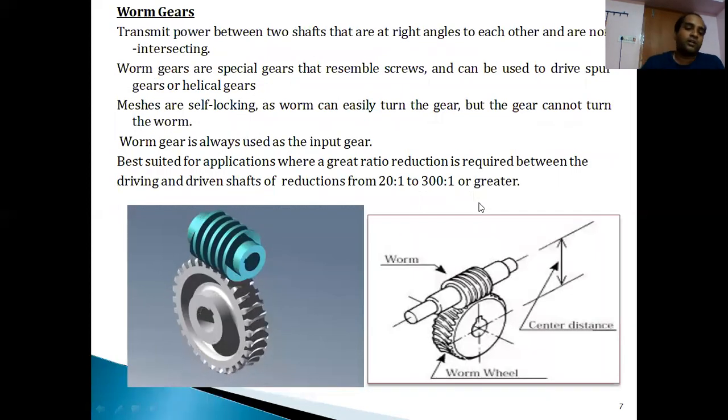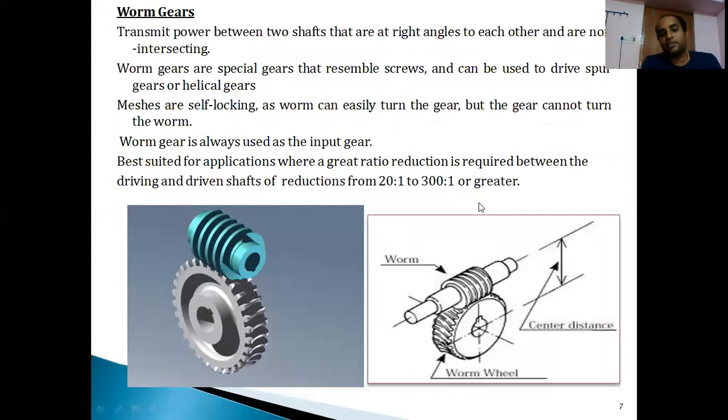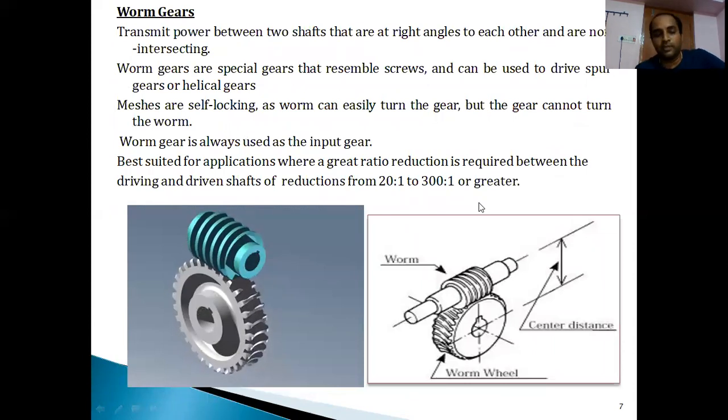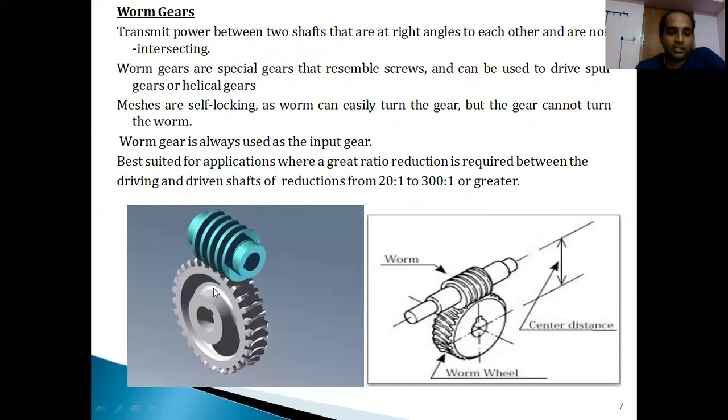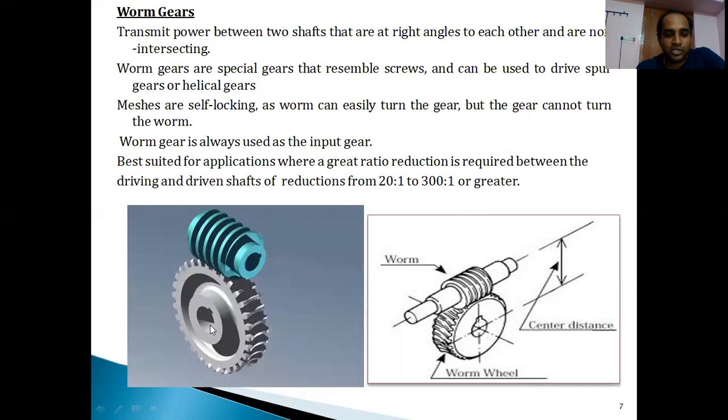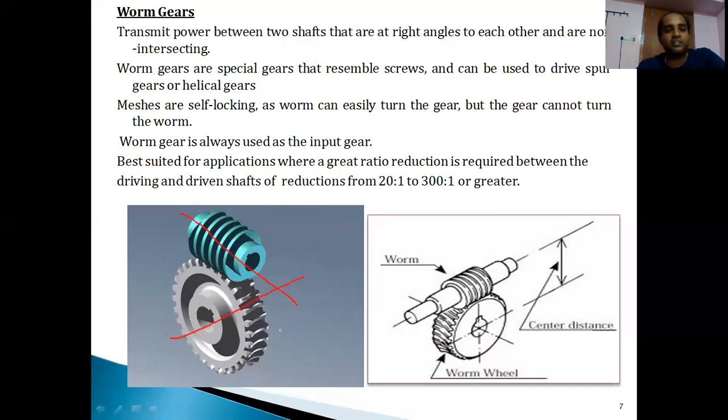Next, worm gears. If you observe this type of mechanism, the worm gear, it is similar to the spur gear itself, with straight teeth, but here is another gear. If you observe the axes of these two shafts carefully, this one is rotating along this particular axis, whereas the upper gear is rotating along this other axis.